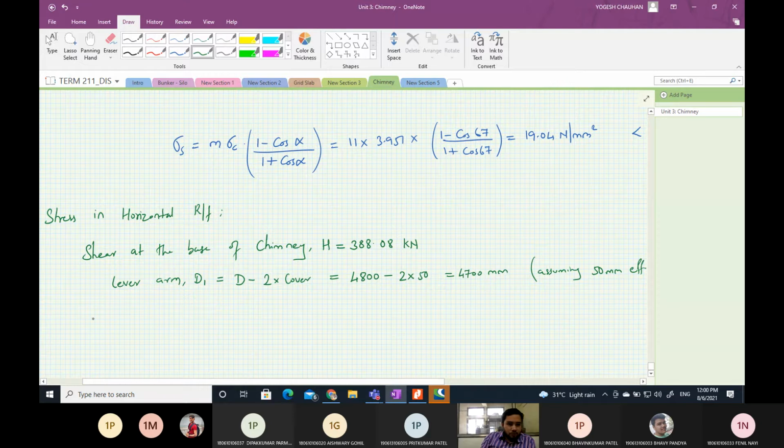And let us provide 10 mm bar at 200 mm as hoop steel.